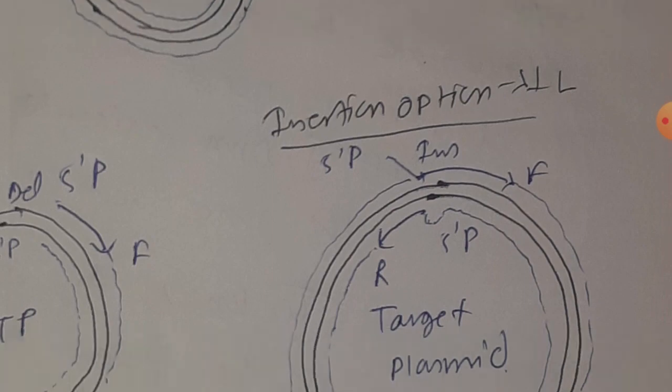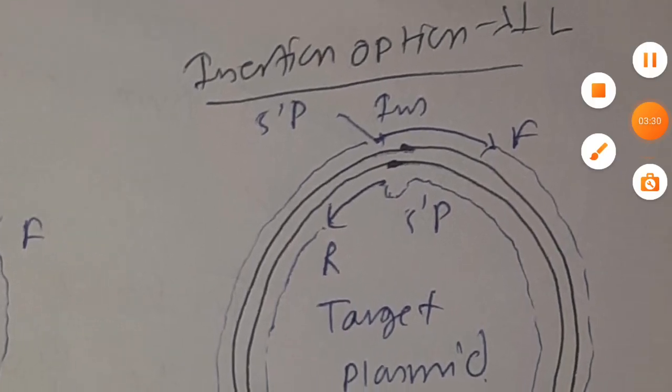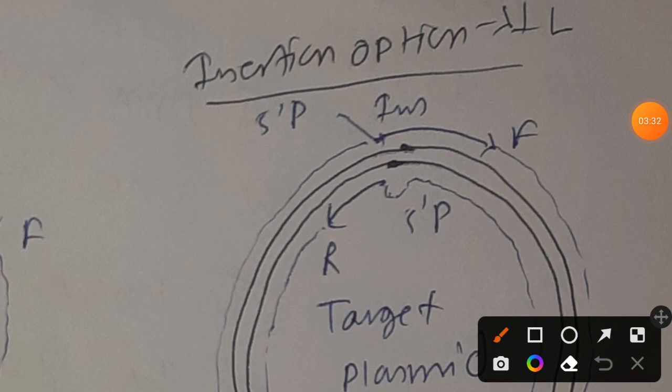And insertion option 1: here we are inserting a part of nucleotide with the help of site directed mutagenesis.